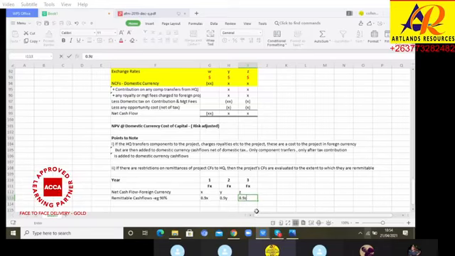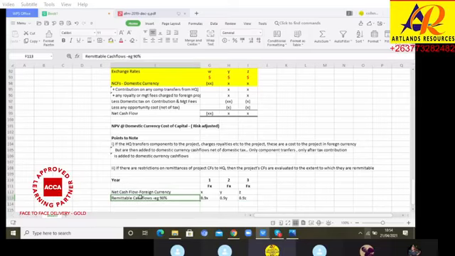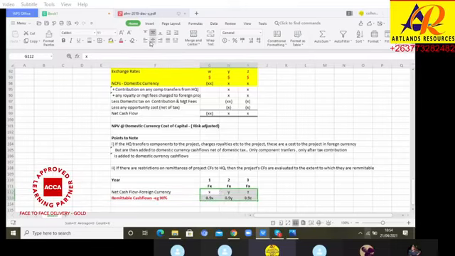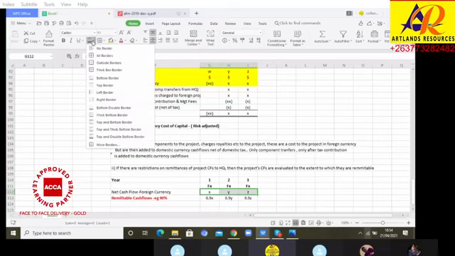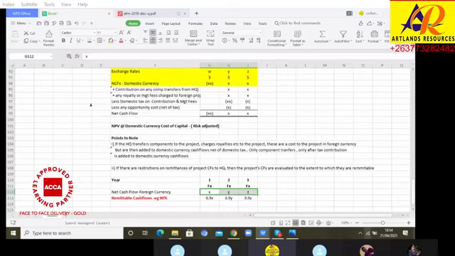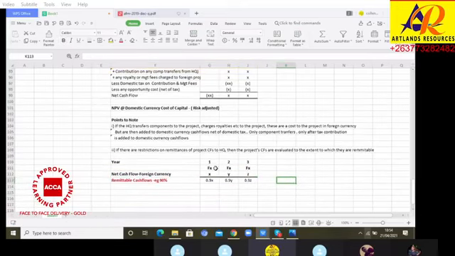Are you getting it? I just said e.g. because I know this may not be given. The remittance rate will be given by the examiner, that this government does not allow all the money to be remitted. So once you have net cash flows in foreign currency, you close that line. We don't use it. Are you not seeing that? We only then convert to the extent to which they are remittable.